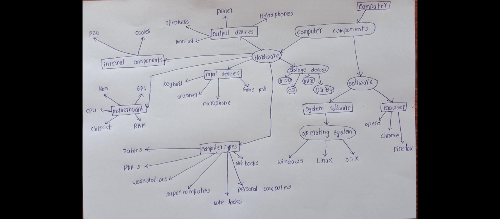And CPU. CPU, Central Processing Unit, performs input output, logical operations, and arithmetic operations in the computer system. And the other one is GPU, Graphics Processing Unit, which is a chip that is present in the CPU to perform calculations.